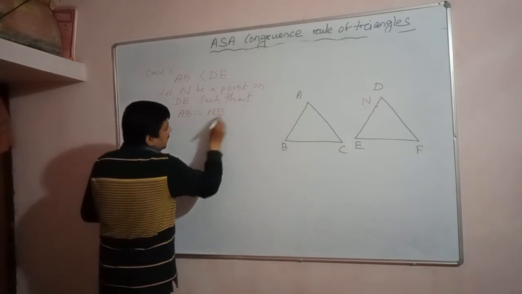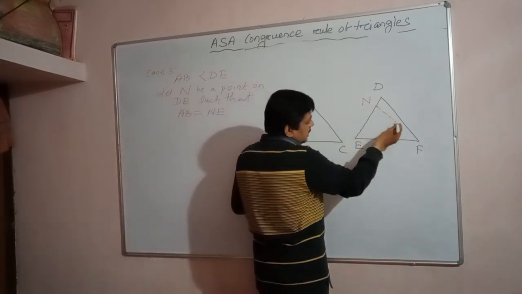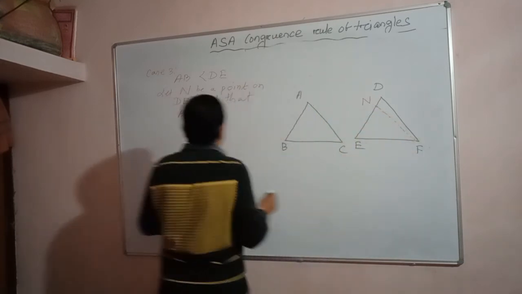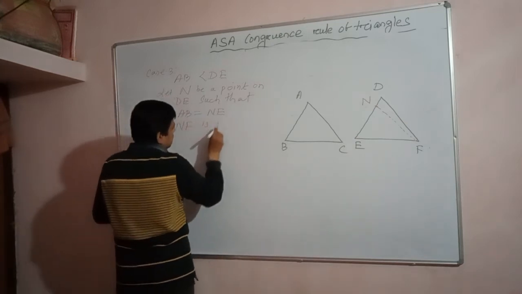AB is equal to NE, and join NF. Join NF, similar process.